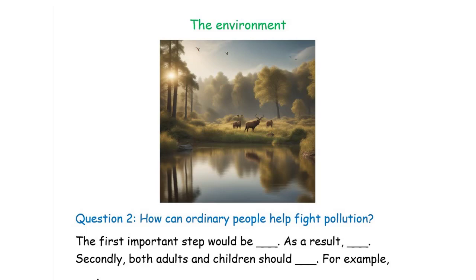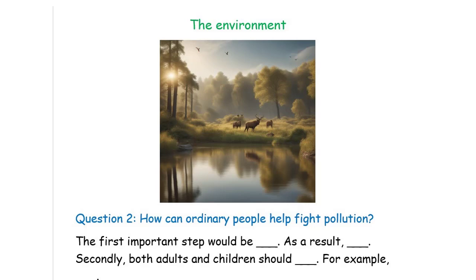As a result, explain the positive impact, such as less plastic waste in landfills. Secondly, both adults and children should, then mention another action, such as participating in community cleanup events. For example, and then provide an example of effective participation, such as joining a beach cleanup.